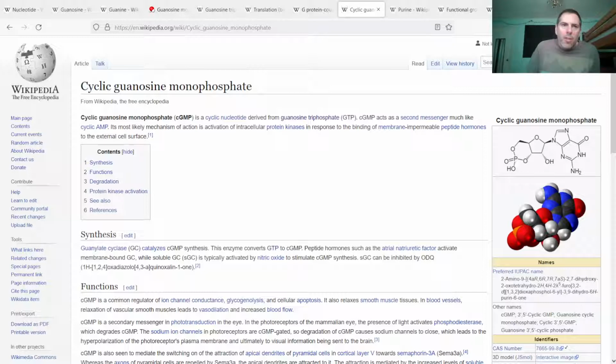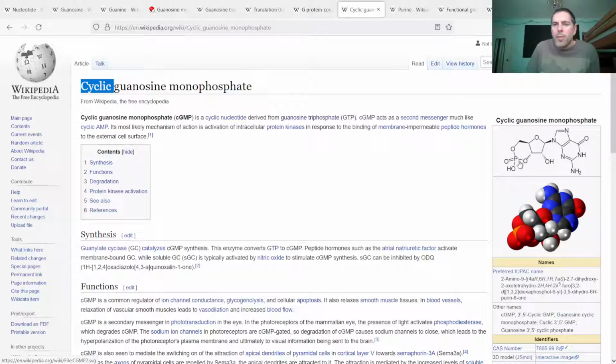And then there's also the cyclic guanosine monophosphate, where this phosphate binds back to the ribose sugar. Here's the 5' carbon, so that was already bound to the phosphate, and then the phosphate also binds to the 3' carbon here.